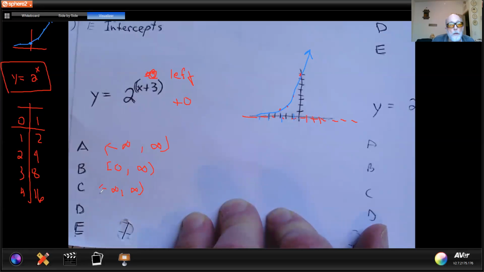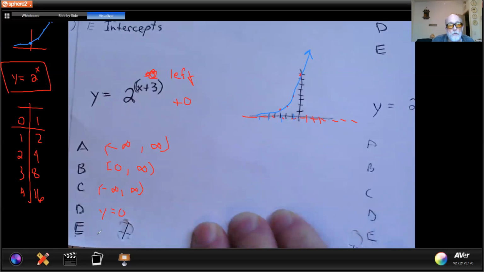No problem. What is the asymptote? It's still y equals 0. Nothing changed. No, that's not true, because the y-intercept changed, right?